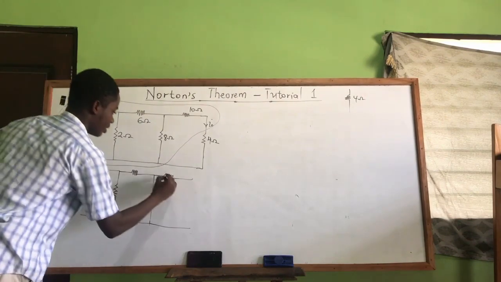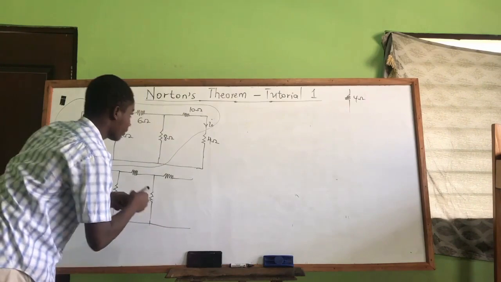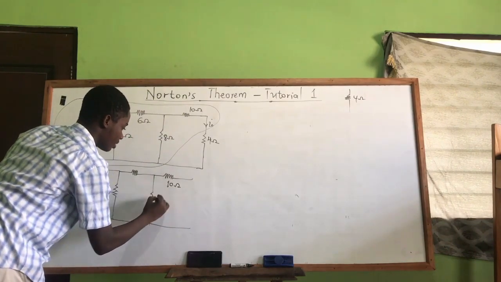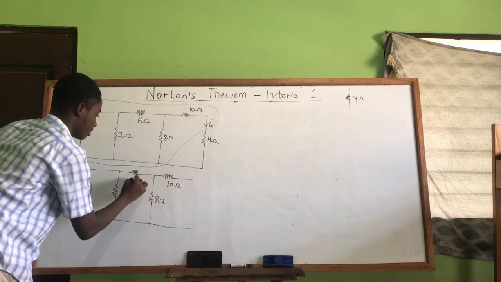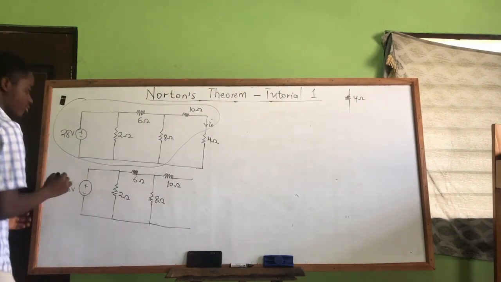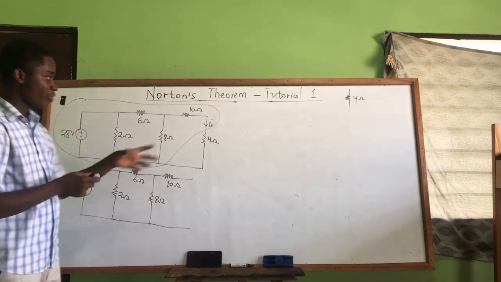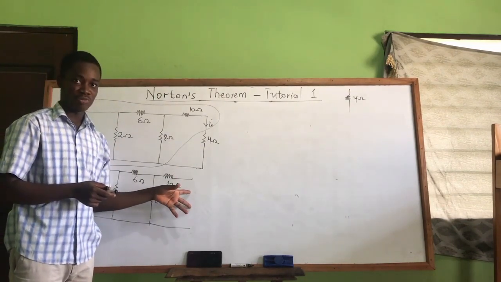So let's see, this portion is 10 ohms, 8 ohms, 6, 2 and 28 volts.